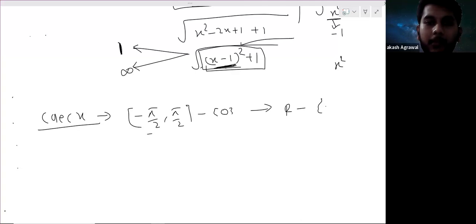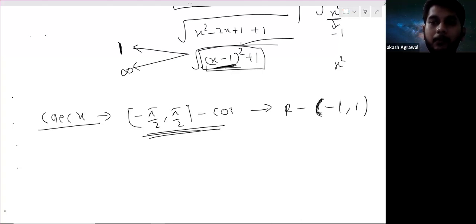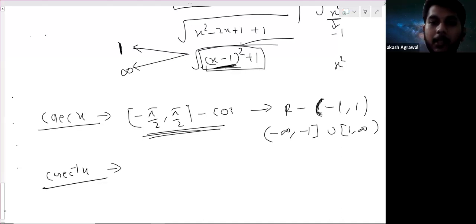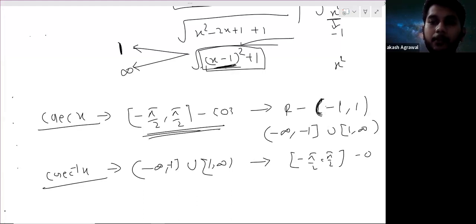We have restricted it, see here first minus pi by 2 to pi by 2. So what will it be here? Minus 1 to 1. Another way of writing this is minus infinity to -1, including it, union 1 to infinity. So what will the inverse of cosec be? Minus infinity to -1 union 1 to infinity maps to minus pi by 2 to pi by 2, but cannot be 0.